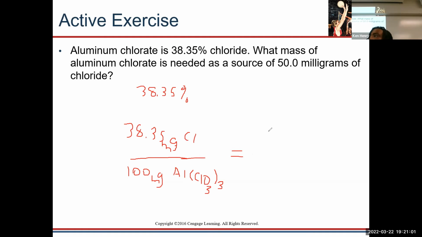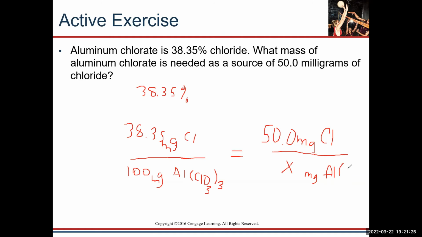So then that basically means that we have 50.0 milligrams of chloride on top, and X, that's what we're looking for, milligrams of aluminum Cl3.